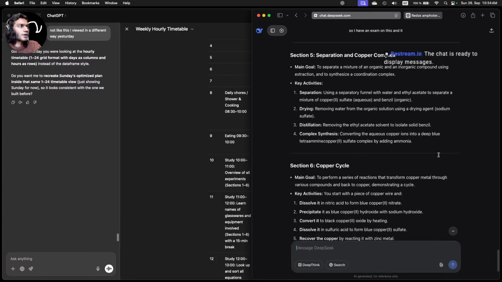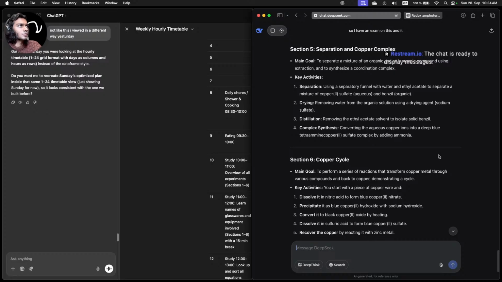Okay, now section 5. Oh, two more sections. Section 5: separation and copper complex.